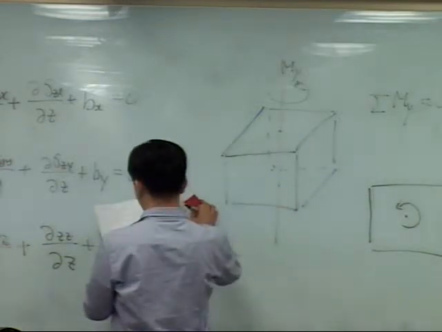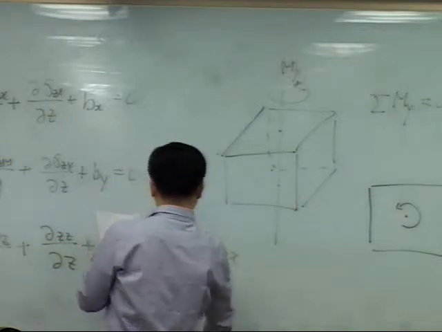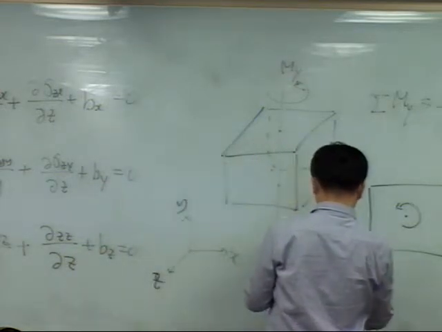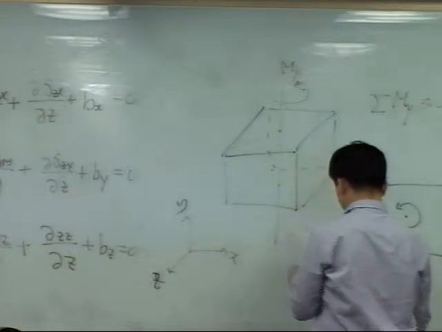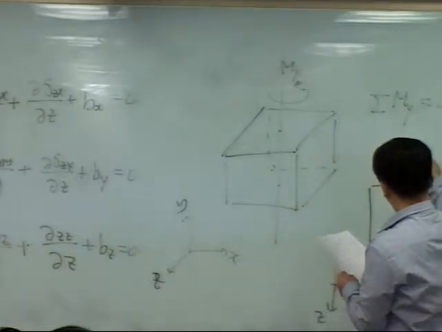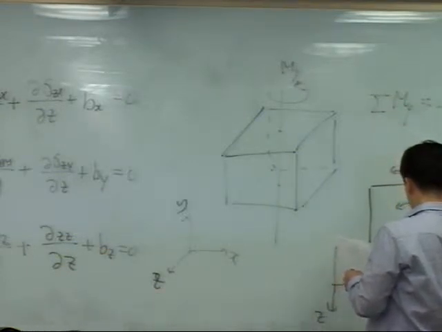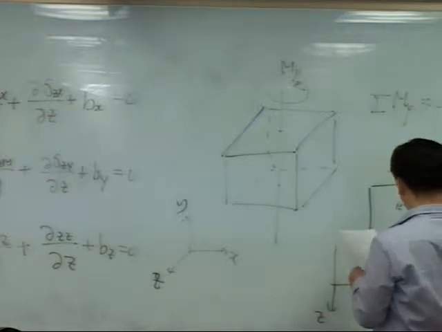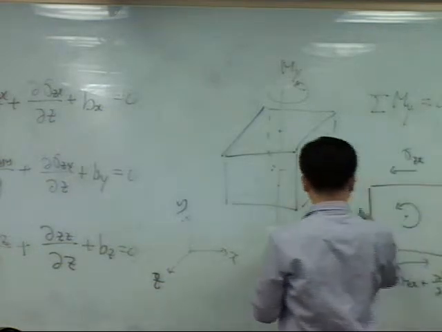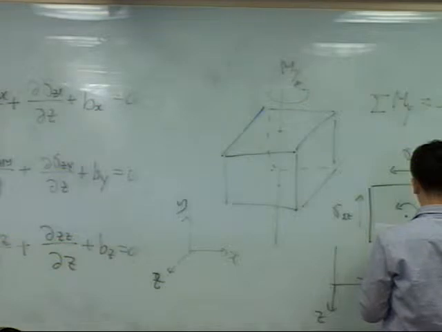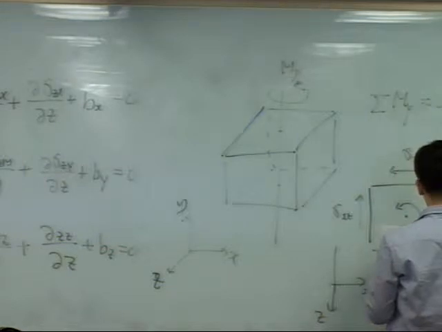Let's say this is y, z, y, and z, x. That is the stress sigma zx plus the change of zx in z, and sigma xz plus the change of xz in x.